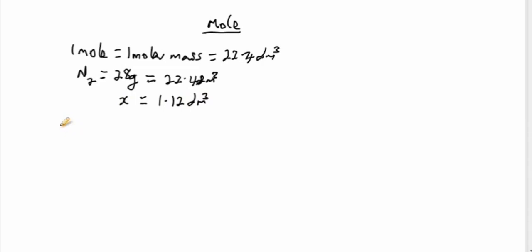Now cross multiplying, our X will simply equal 1.12 dm cube times 28 grams divided by 22.4 dm cube.